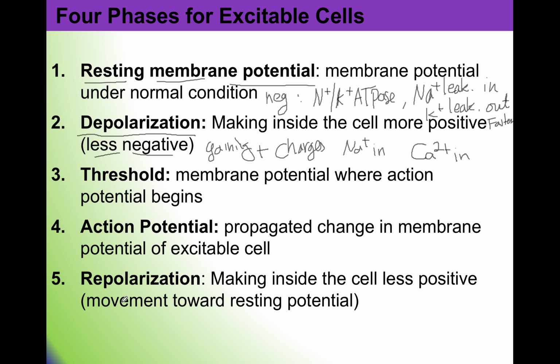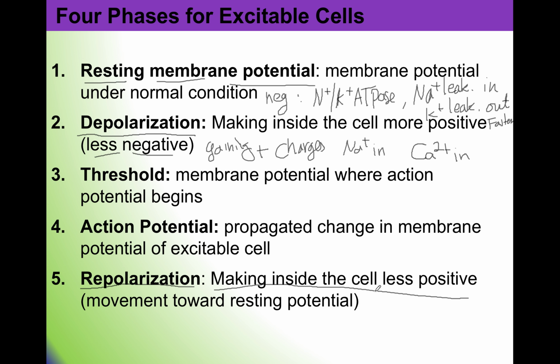Now, the opposite of depolarization is a process called repolarization, which means making the inside of the cell less positive by moving the positive charges out of the cell. This is basically describing moving back to the resting potential.